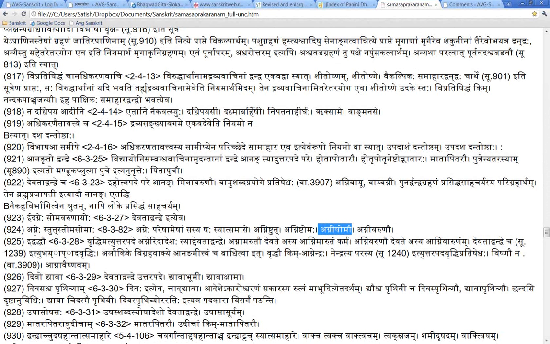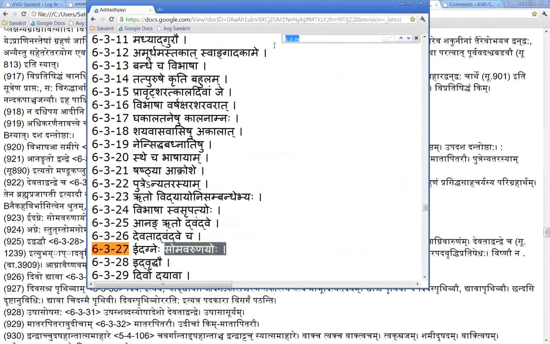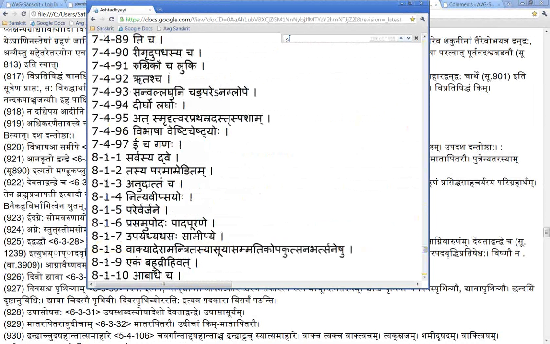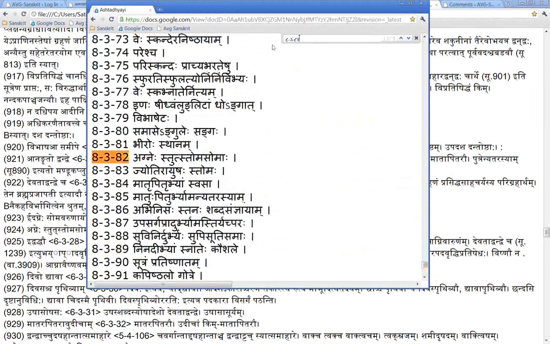So once more, Agnehe stut stoma somaha. This is 8.3.82. Always keep your Ashtadhyayi at your side when reading Kaumudi. I repeat many times: the only thing about the Kaumudi is that please never lose sight of the Ashtadhyayi.